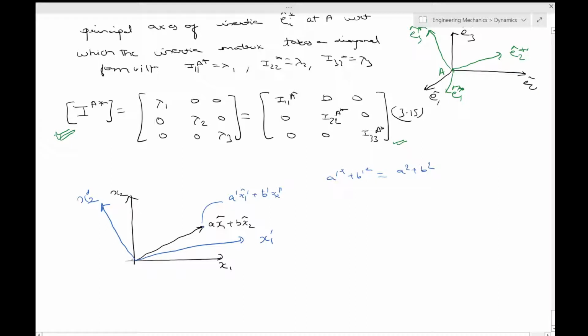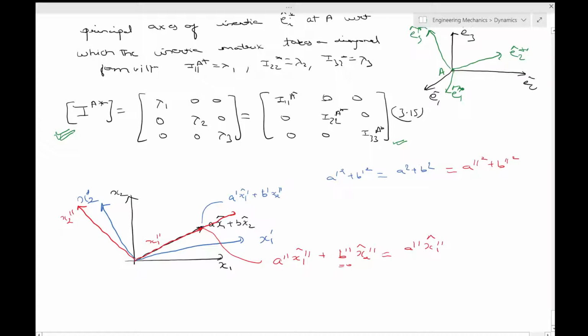It means that if my coordinate system has a transformation like this, so this becomes your x1, let me call this as x1 double dash and x2 double dash, and obviously the representation of the same vector now will be a double dash x1 double dash plus b double dash x2 double dash, and yet again this will be the same as a double dash whole square plus b double dash whole square, because the magnitude of the vector remains the same, okay, there's no doubt about that.